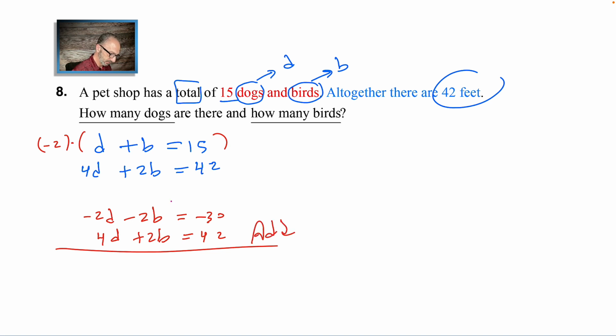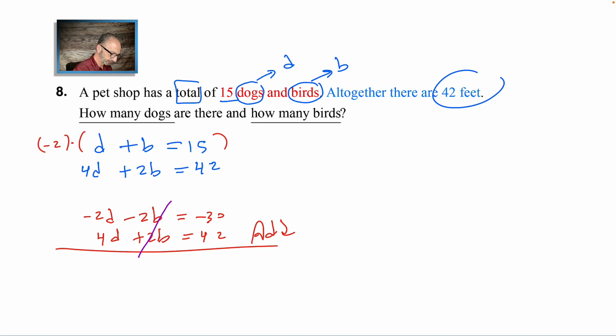What happens here? B cancels. If I could have the same amounts but opposite signs and add the two equations, it will cancel. This way I could solve for D first, then I go back to B. And if you're going to cancel the D right here, I have to multiply by -4. I think -2 is less, so I picked -2.